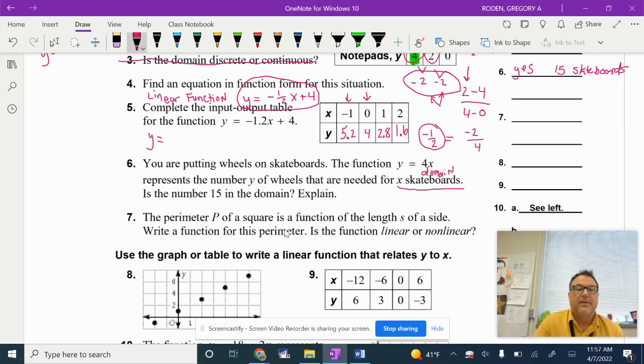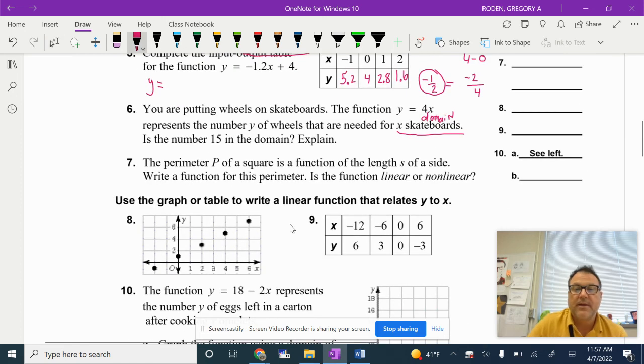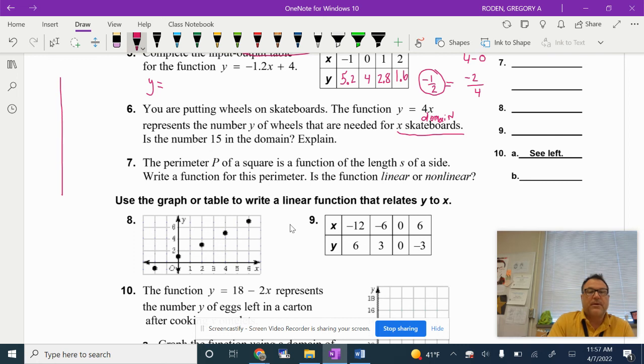All right, the perimeter of a square is a function of its length, s, of a side. Write a function for its perimeter. Is the function linear or nonlinear? Well, let's make a table here. To find the perimeter of a square, we have P, our perimeter, equals the side of a square.